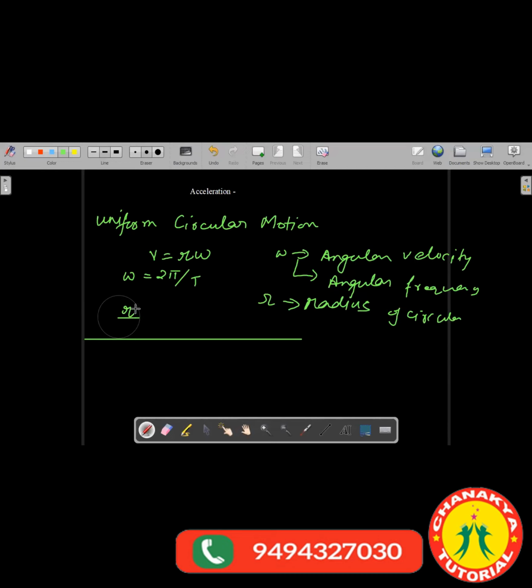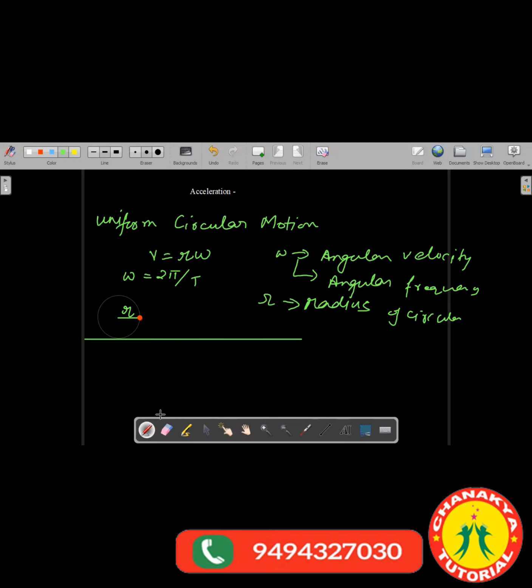And if it is rotating, each particle on the circumference of the circle has a linear velocity. Its linear velocity will be given by v equals r omega. You can also say this is the horizontal velocity it can have.